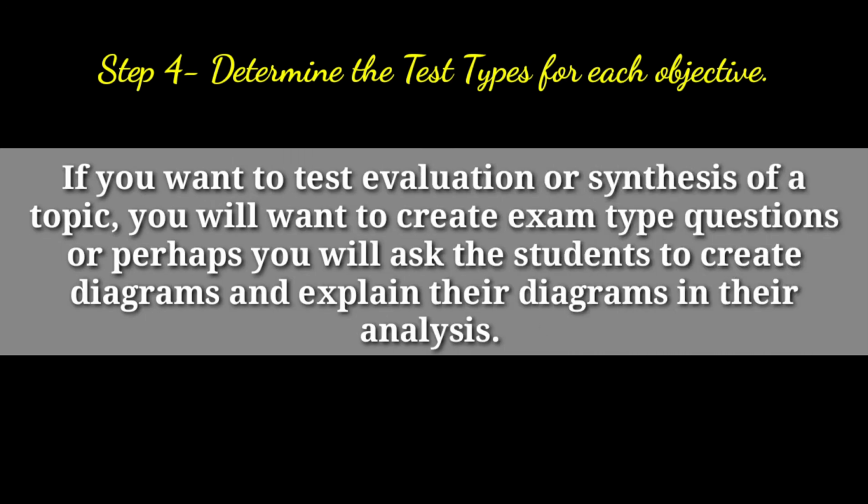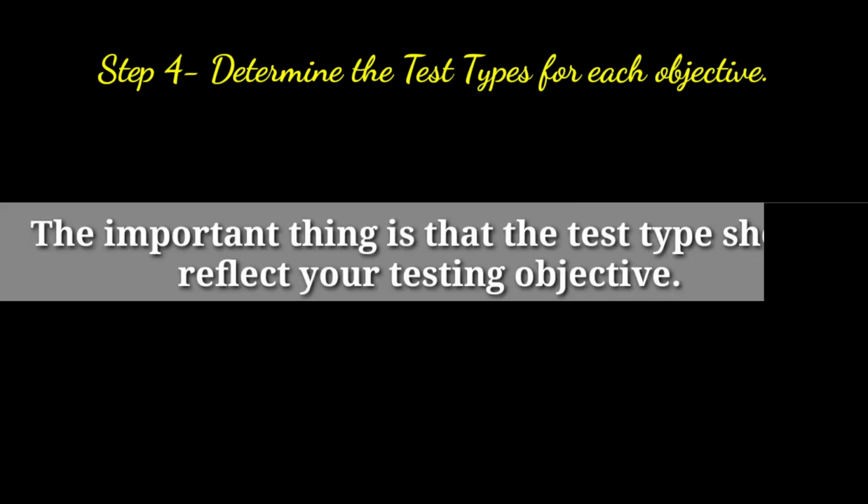If you want to test evaluation or synthesis of a topic, you will want to create essay type questions, or perhaps you will ask the students to create diagrams and explain their diagrams in their analysis. The important thing is that the test type should reflect your testing objective.